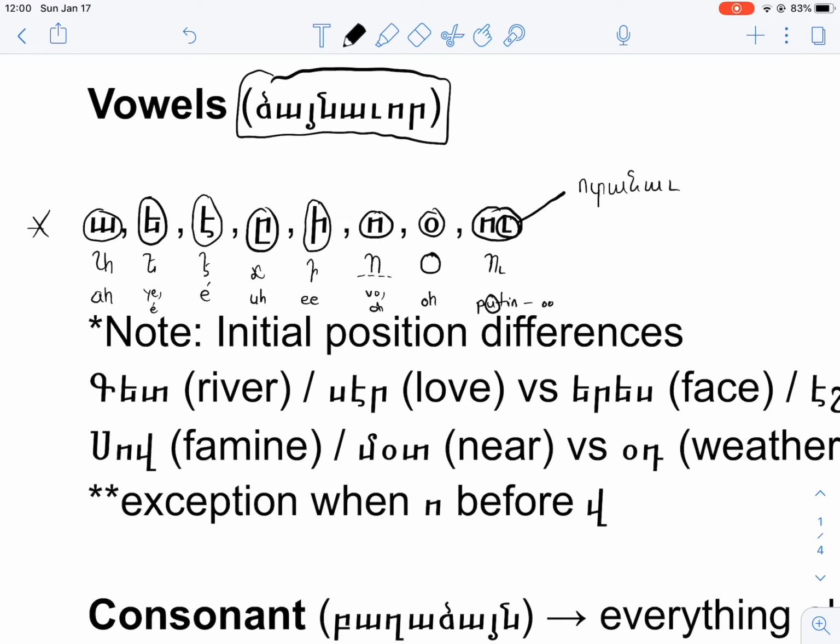This ending sometimes happens in some words. And when the hyun is before the vo, it gives the hyun a v sound, right? Vodanavor, vor. Okay.